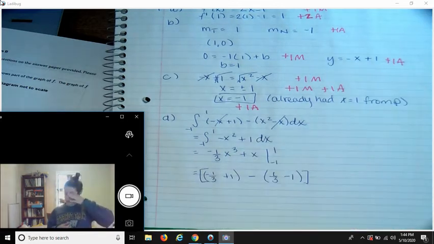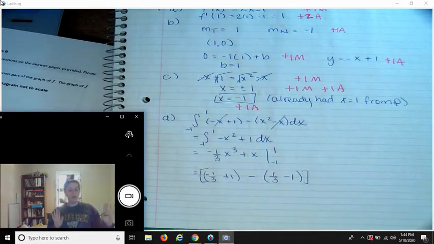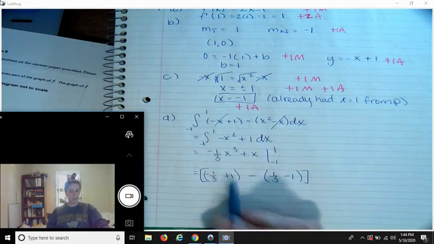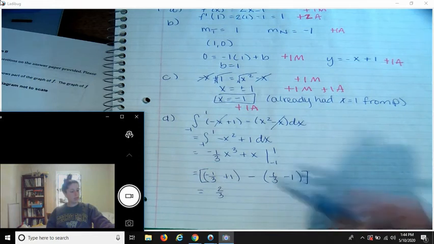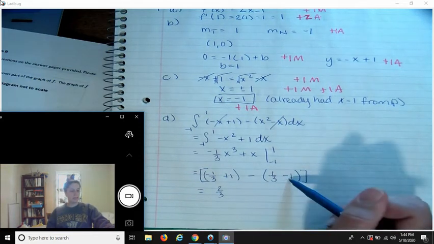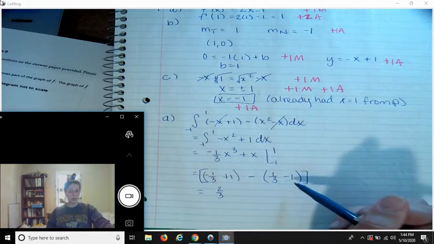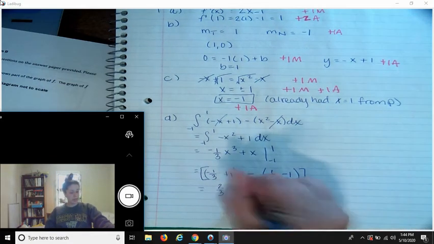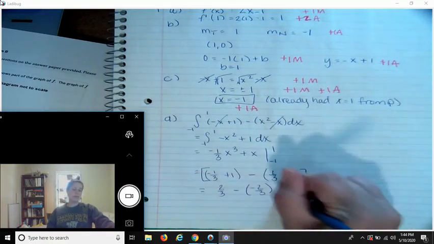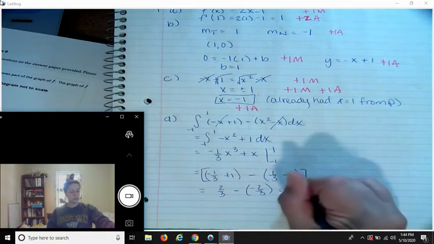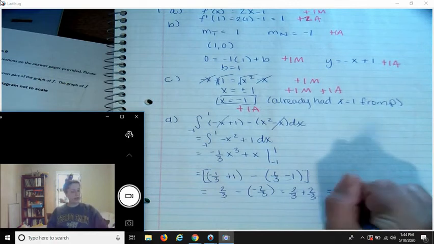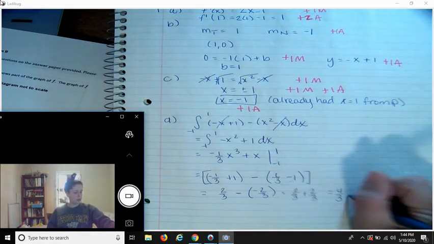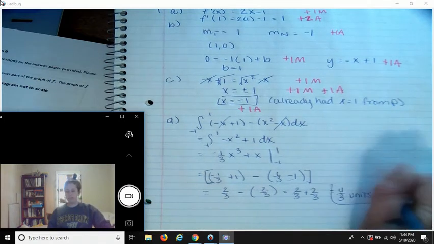Okay, so when we simplify this, 1 minus 1/3 should be positive 2/3. This right here is the same difference, except the thing that's negative is the 1, which is bigger. So this should be minus negative 2/3. That double negative gives me a plus sign, so I get 2/3 plus 2/3, which is 4/3. And that should be in units squared. That should be your final answer.